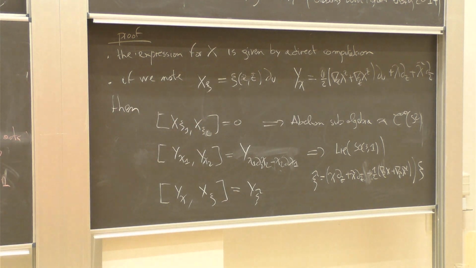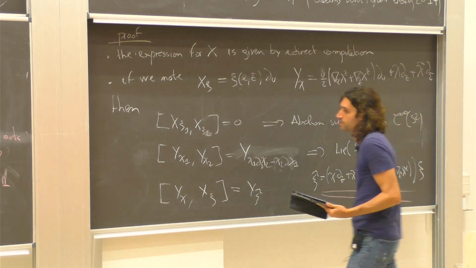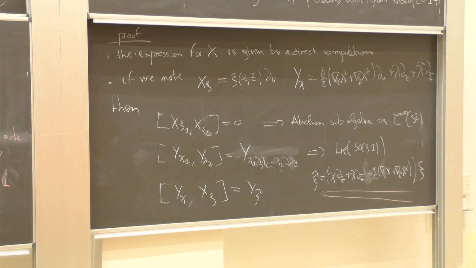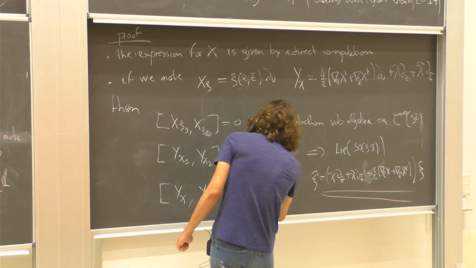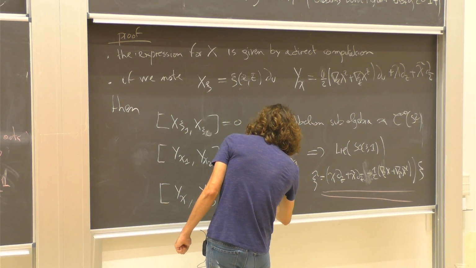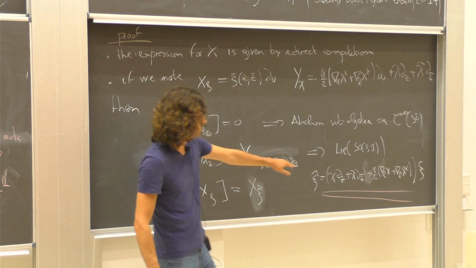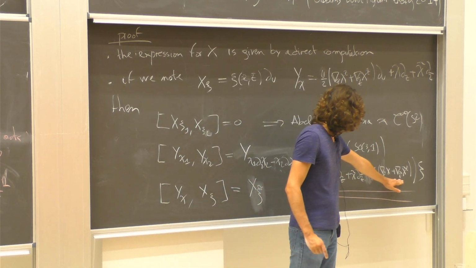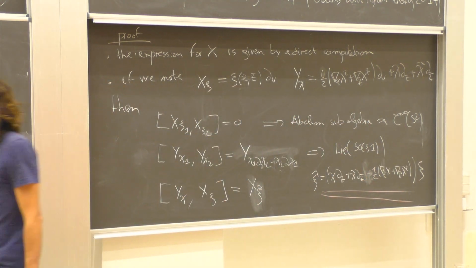And this is the conformal primary transformation rule that I was talking about. Indeed, we get another supertranslation. So rotations act on the space of functions, and they act on these functions as conformal primaries with a fixed weight.